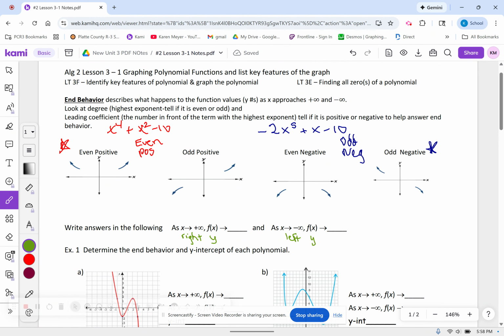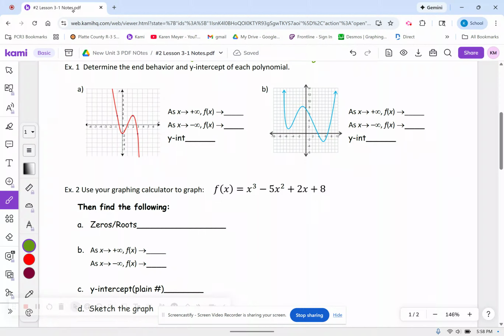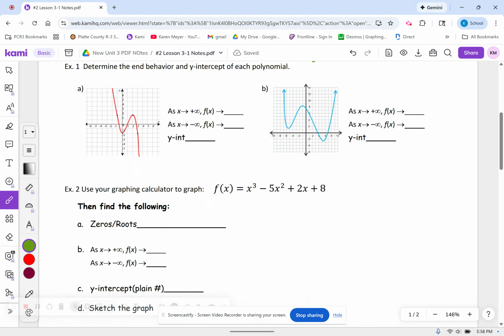Okay. Now, like we said, if you don't want to memorize the chart, like we had up above, you could also just get end behavior by looking at pictures and determining what happens on the right and the left side. So on my first graph here, you'll notice that this top one is saying x is positive.